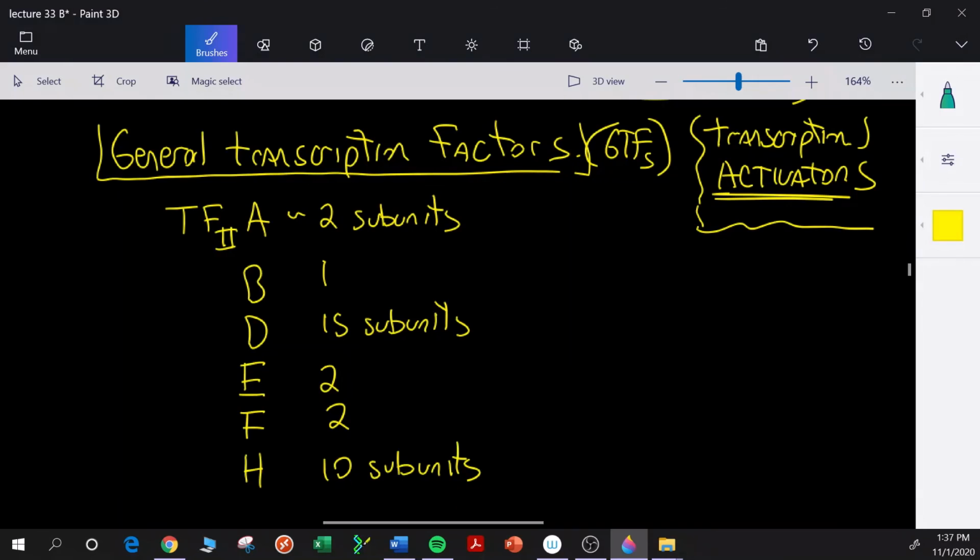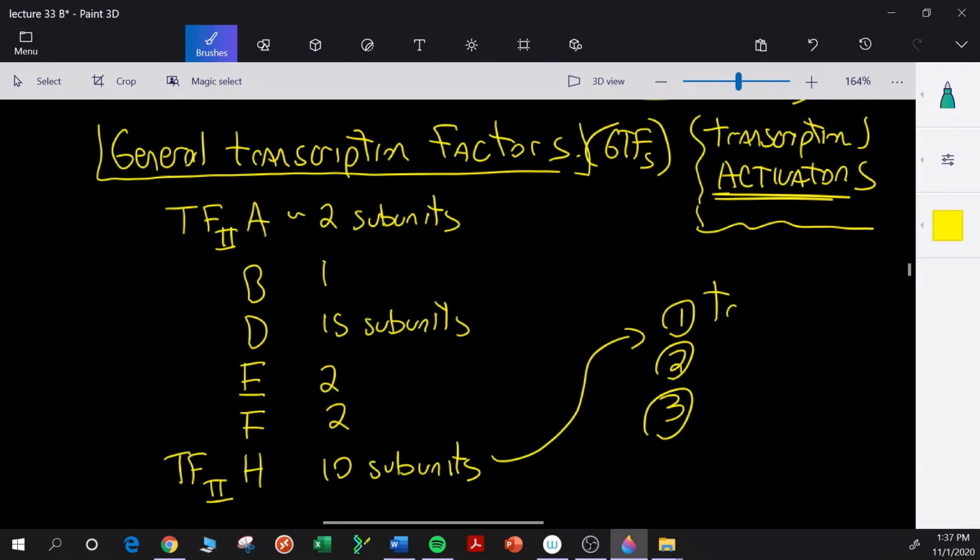And TF2H, maybe this rings a bell for some of you, because TF2H is a really neat complex, has 3 functions, right? One is transcription initiation, which we're talking about now, but the other 2 are TC-NER and GG-NER.